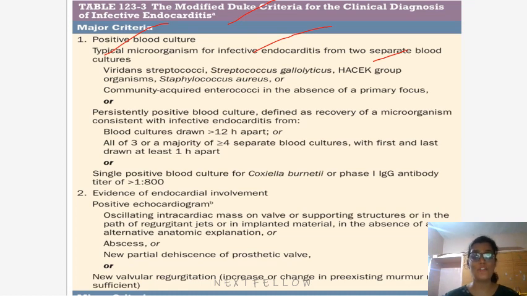Or persistently positive blood culture, defined as recovery of a microorganism consistent with infective endocarditis from blood cultures drawn 12 hours apart, or all of three or a majority of four or more separate blood cultures, with first and last drawn at least 1 hour apart. A single blood culture of Coxiella burnetii. The second is evidence of endocardial involvement by positive echo or new valvular regurgitation, an increase or change in a pre-existing murmur. These are some of the important points to be remembered from the modified Duke's criteria.